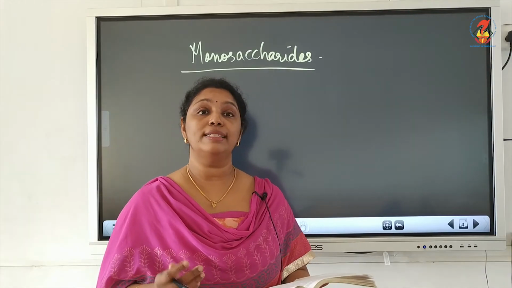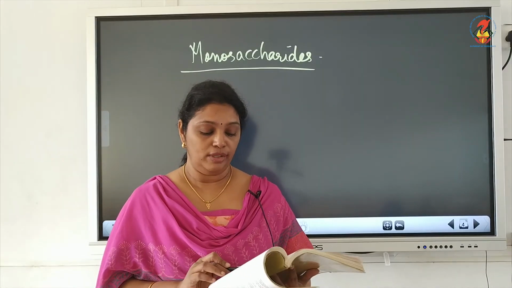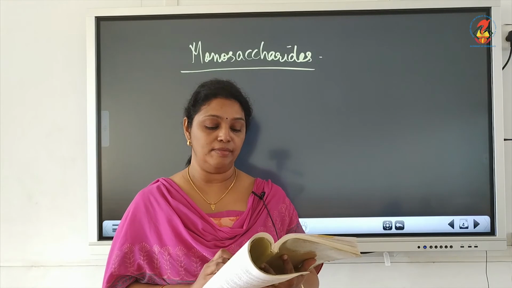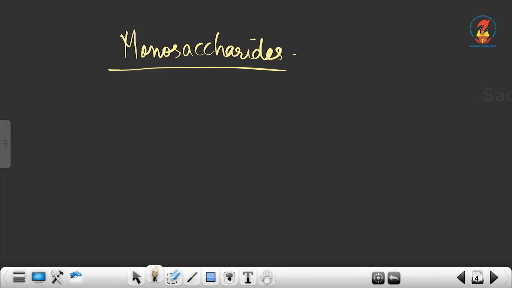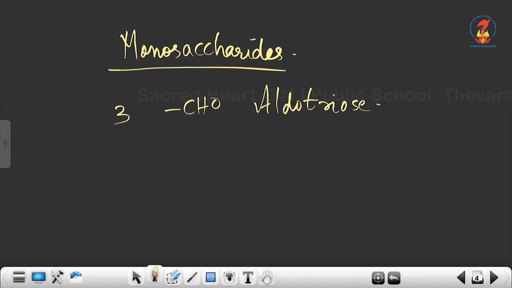Now, monosaccharides can be further classified on the basis of the number of carbon atoms and the functional group present in them. For example, if the number of carbon atoms is 3 and the functional group is aldehyde, then we can call this monosaccharide aldotriose.